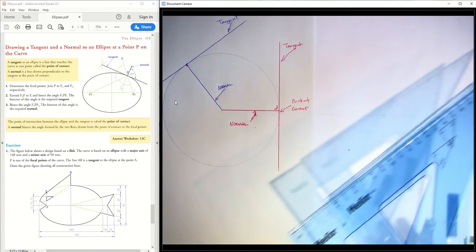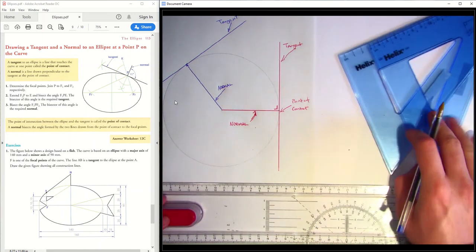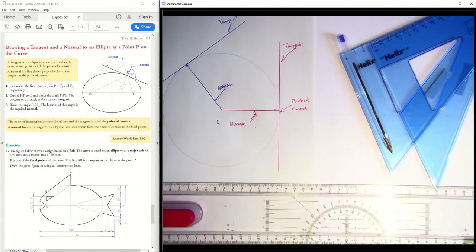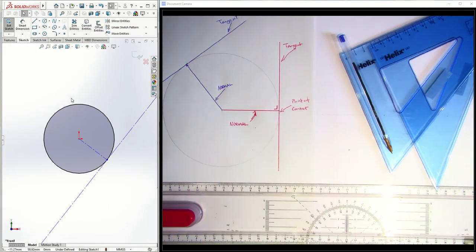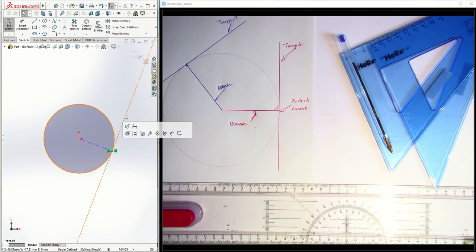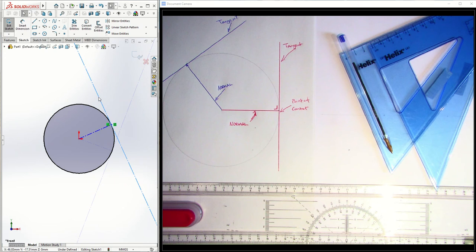Now that principle works no matter whereabouts it is. So here is an example. Here's my circle. This line here is my tangent because I know it touches the circle at one point only, which is this point here. And I know this here is my normal because it's at 90 degrees to my tangent. No matter whereabouts I move that tangent around, it's the same principle.